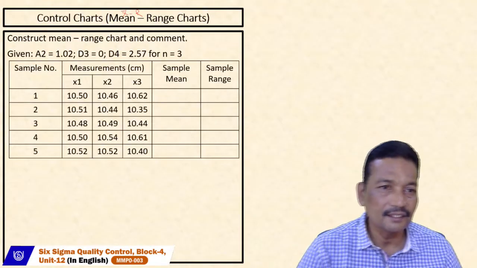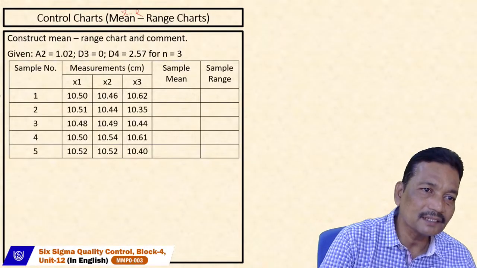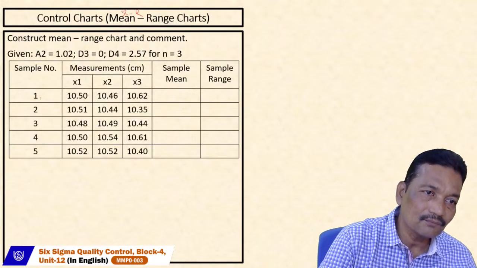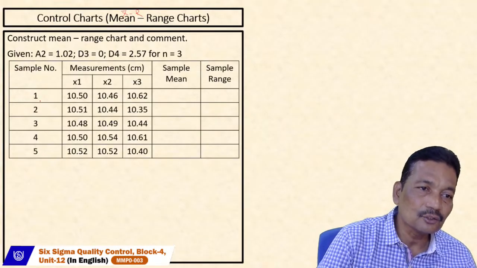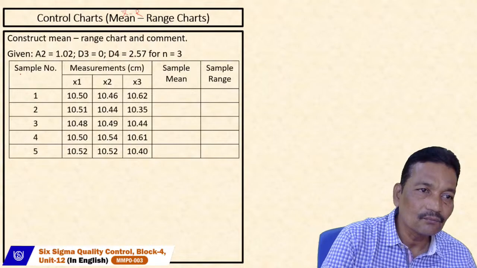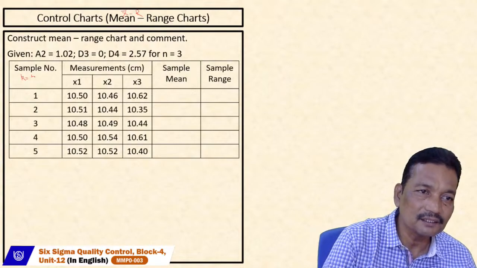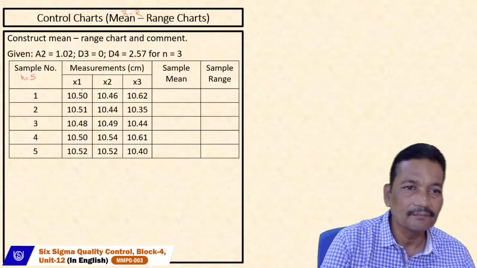All of you see, I have taken how many samples? Now, 5 samples. So, we say 5 samples. K is equal to how many samples? 5.